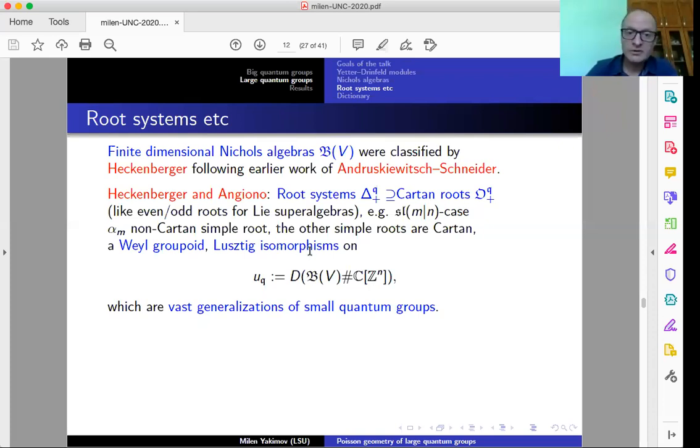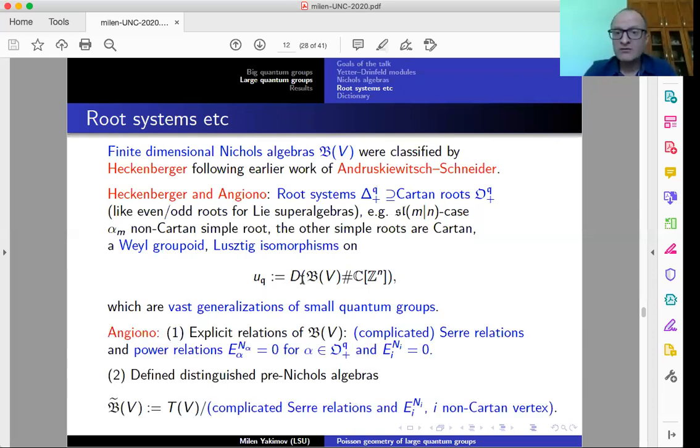The Lusztig braid group action is on the quantum group. All of these are on the sort of analog of the small quantum group for any of these braiding matrices q. And these gadgets are simply the Drinfeld doubles of these smash products that appeared on the previous slide. And the way we view this now is that these are vast generalizations of small quantum groups, small quantum supergroups, but now they all appear in one uniform framework.